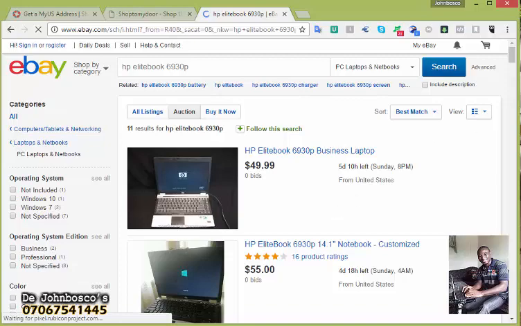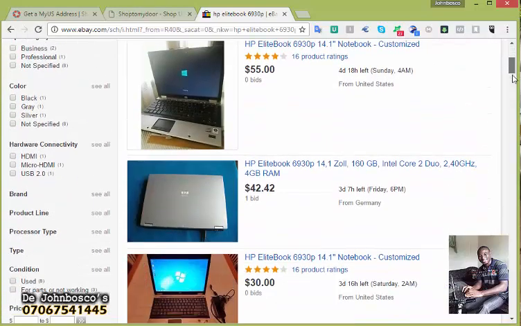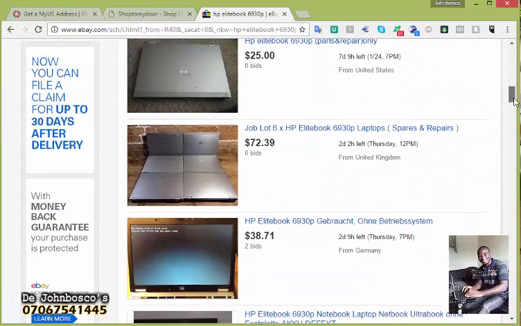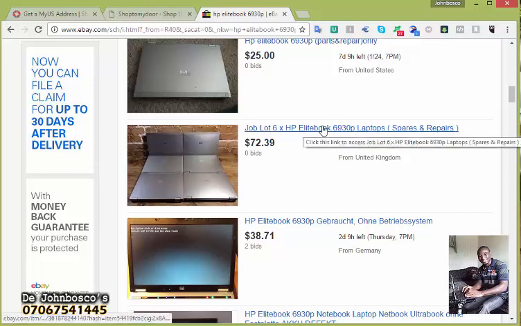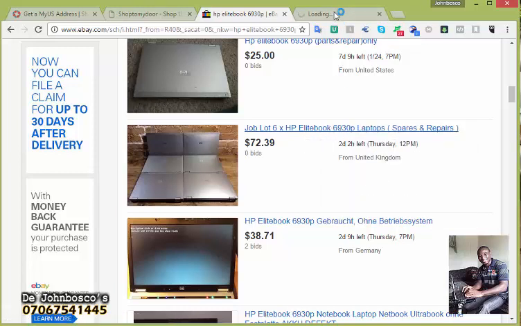Oh, so these 6 pieces, let's take an average. We have it here in pounds, but below this is the dollar equivalent. We have it as $72.39 divided by 6.